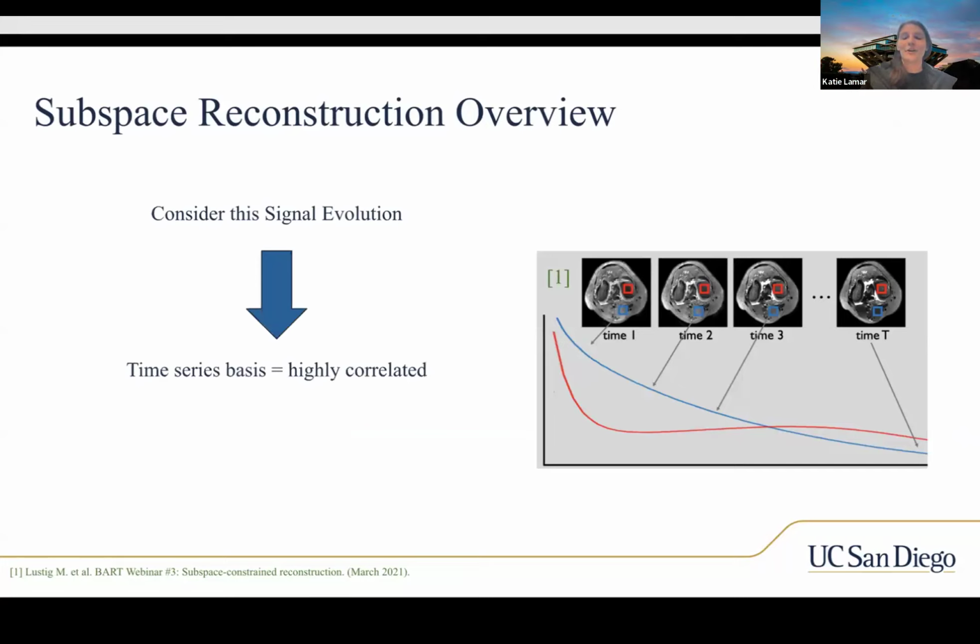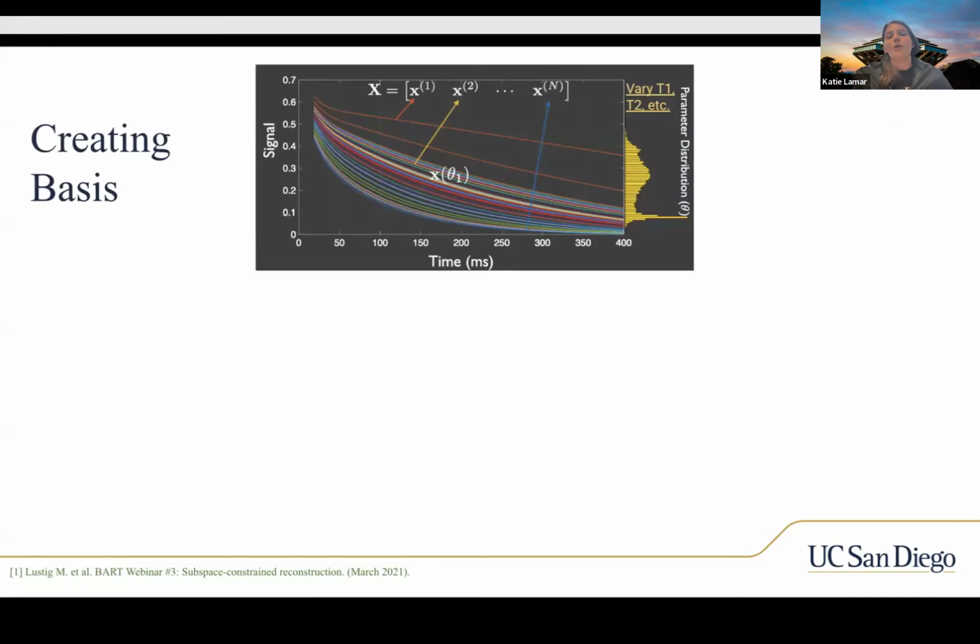All these voxels have something similar over time. They have the same kind of decay curve, right? Because they're highly correlated, we can represent these time series using a very small basis. We can create a basis by just varying T2 star values or whatever type of signal you're looking for. And from that, we can take the SVD.